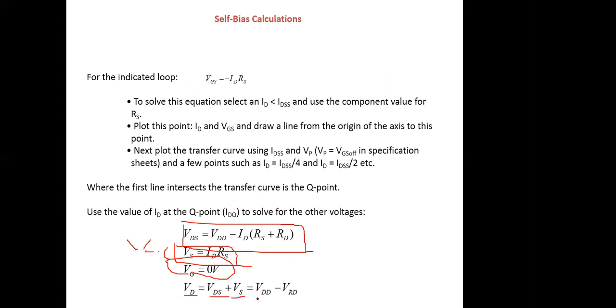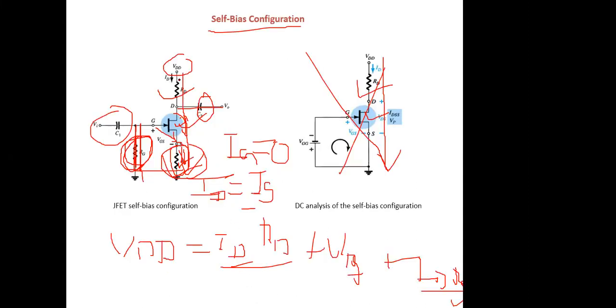If we make the equation of VDS, VDS is nothing but VDD minus ID RD. VDD is equal to ID into RD plus VD.